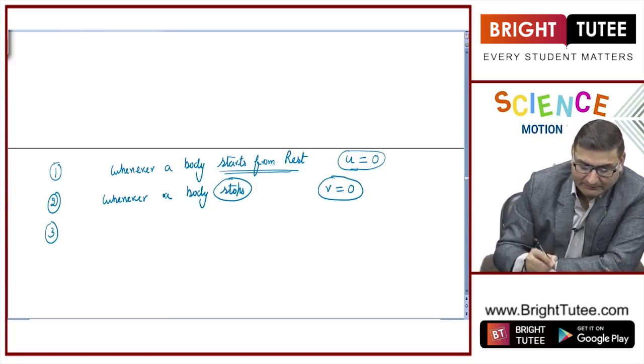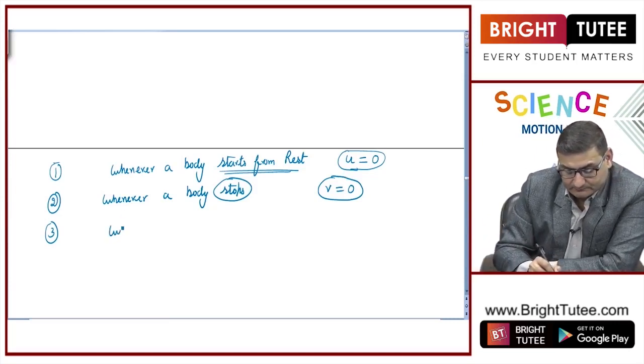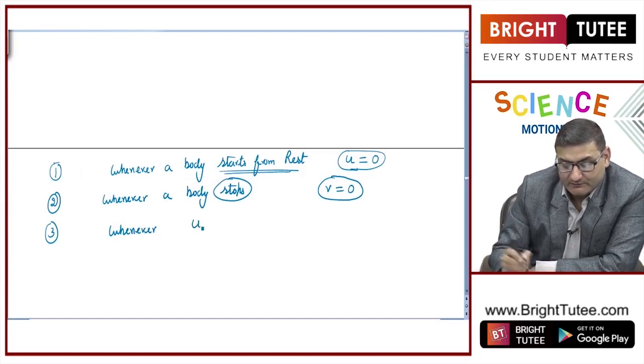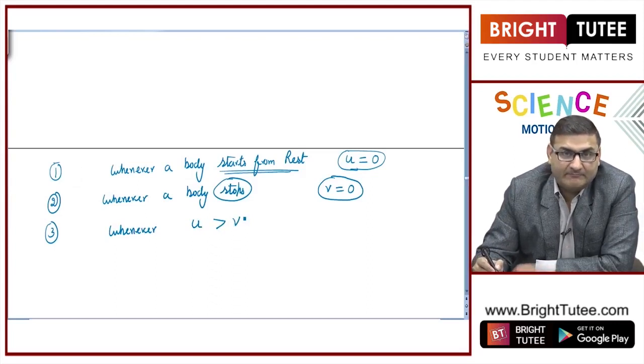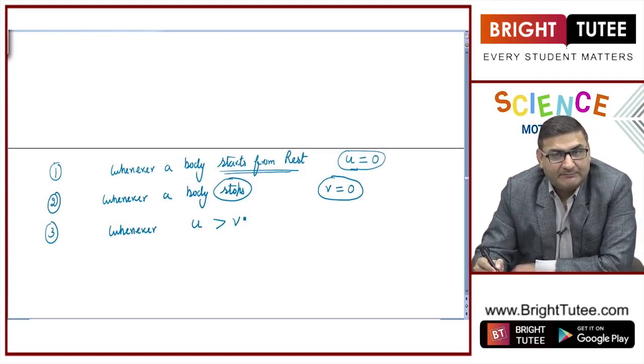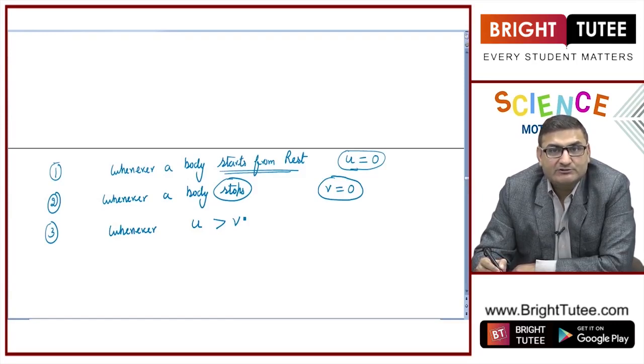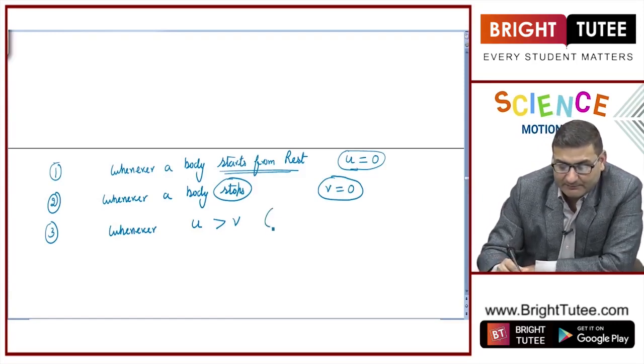Third, quite important thing, whenever the initial velocity is greater than the final velocity, it means that the object was initially moving at a higher speed, and after some time its speed slowed down or reduced. And when is it going to happen?